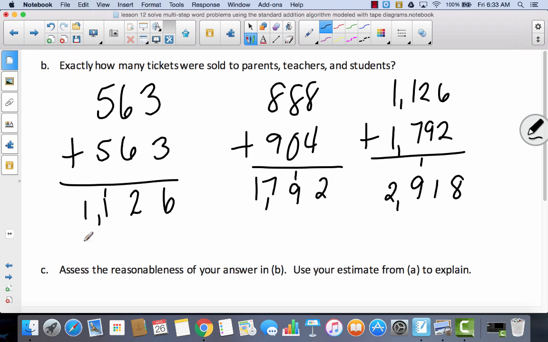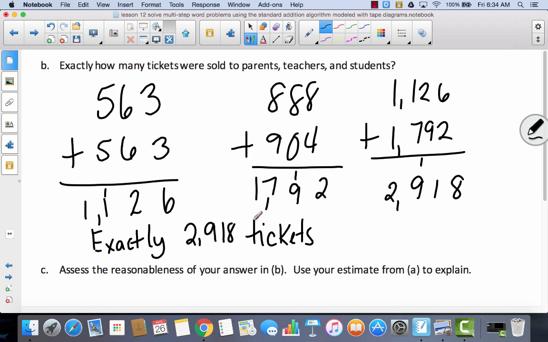So exactly 2,918 tickets were sold. Okay, now I could say to parents, teachers, and students, but I don't have exactly enough room, so that'll be okay.